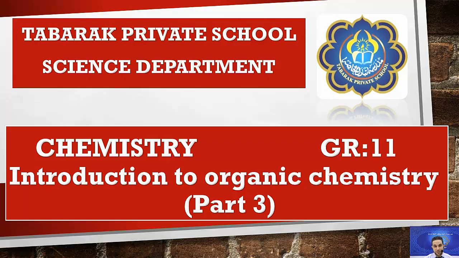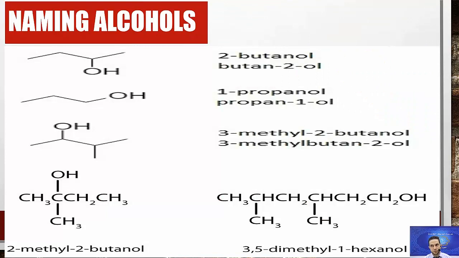Today, inshallah, we will complete what we started in part 1 and part 2. This video contains two parts. Part 1 is about naming of some alcohols, and part 2 is about types of isomerism. Firstly, naming alcohols.